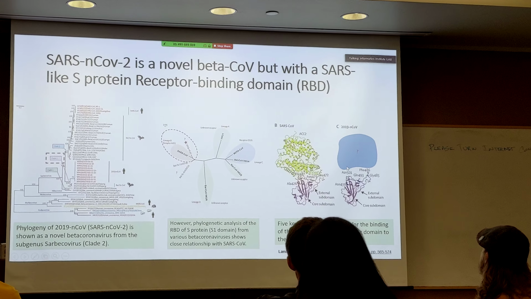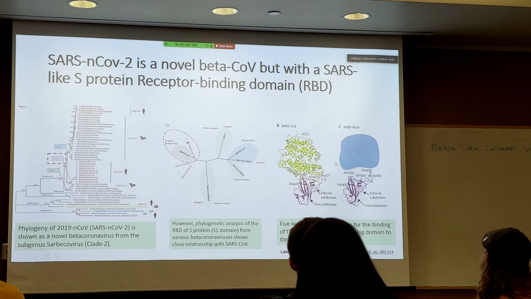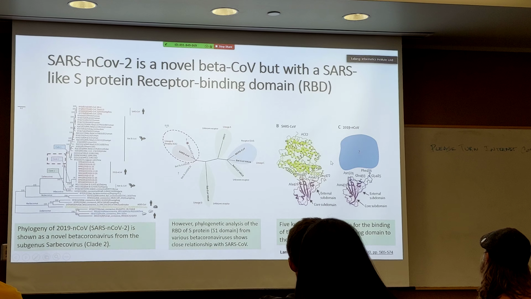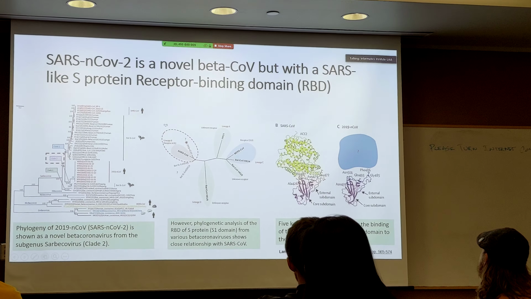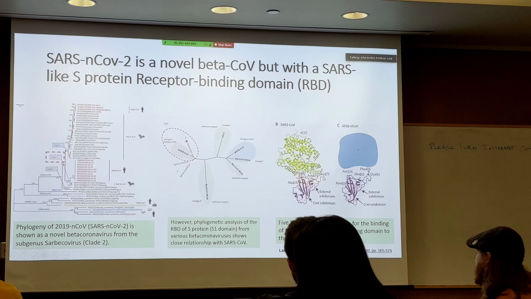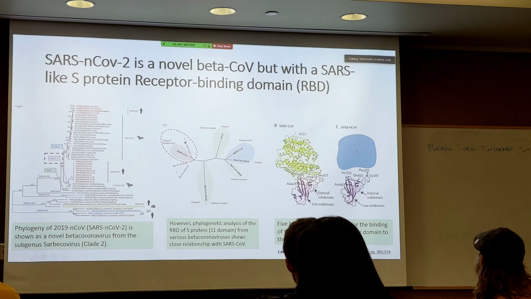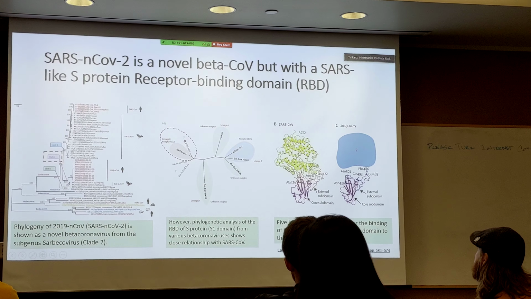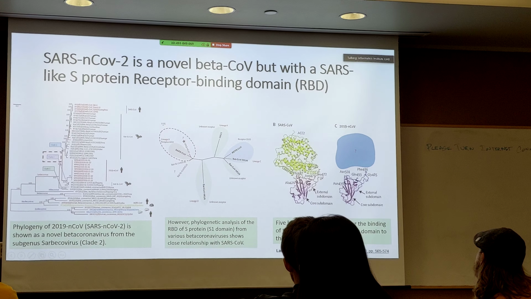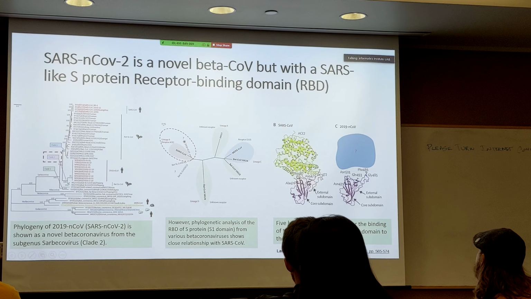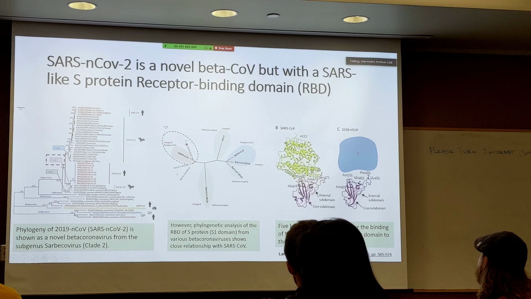A lot of people, after reading this paper, started to have a conspiracy theory, saying, wow, maybe someone engineered this from SARS and just put it in here. That's certainly one of the disputes.